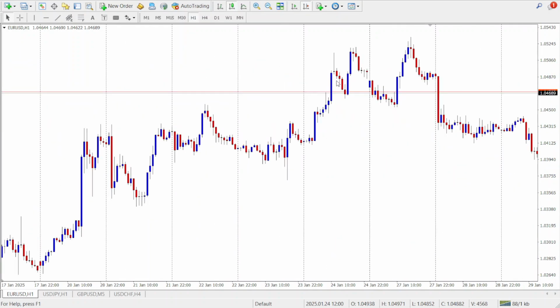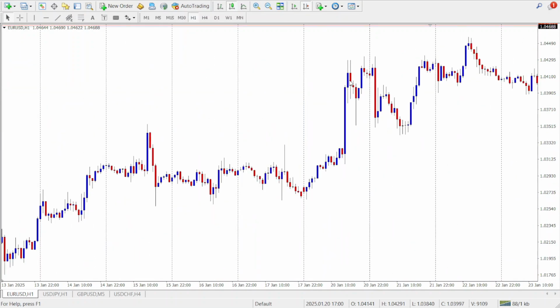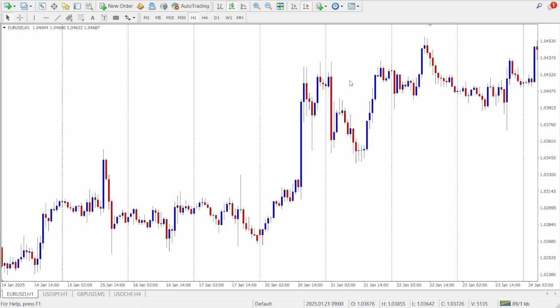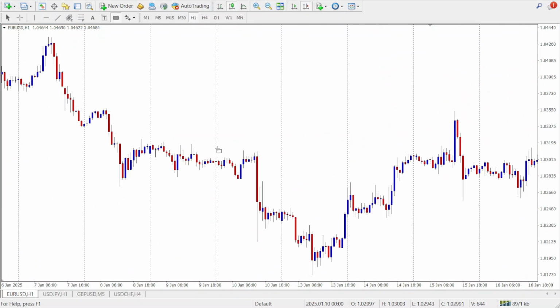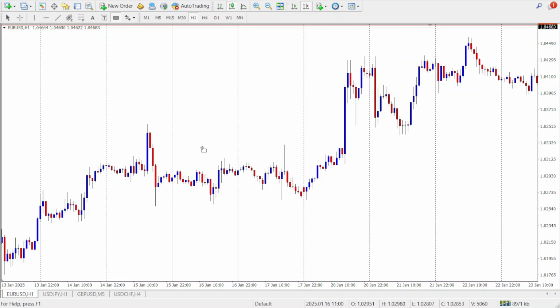Let's look at a practical example. We can see what happened here. We had a resistance zone around here. I'm just going to widen this a bit.